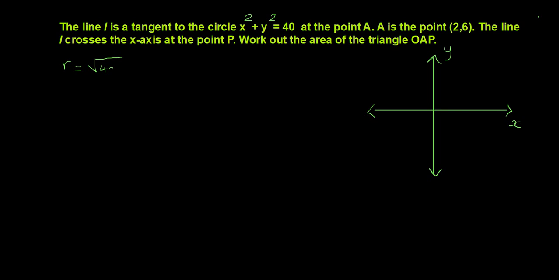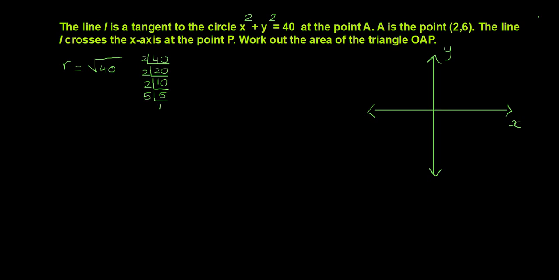Now for those of you thinking, square root 40, it's a non-calculator paper, how am I supposed to work this out? You can quickly do a ladder for 40 and find its prime factors. So you've got 2 and 20, 2 again and 10, 2 again and 5, and 5.